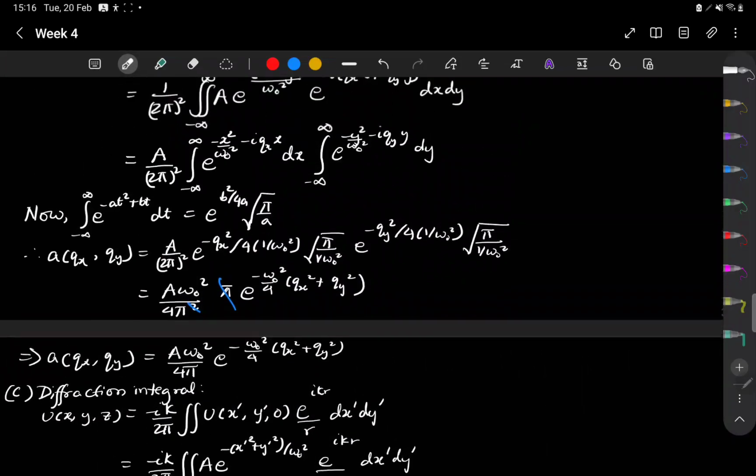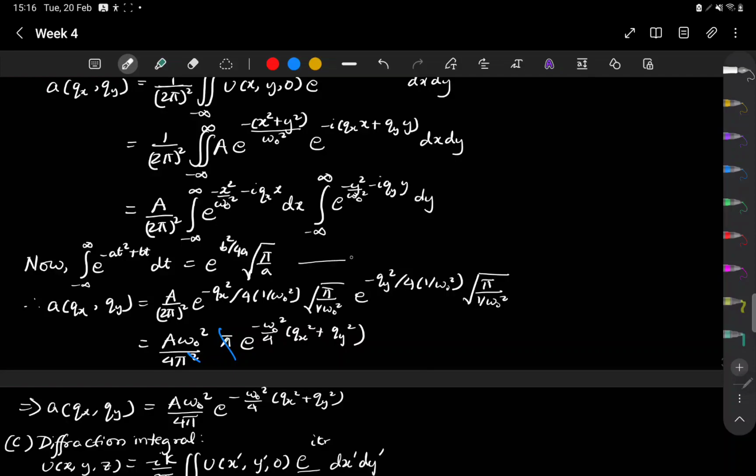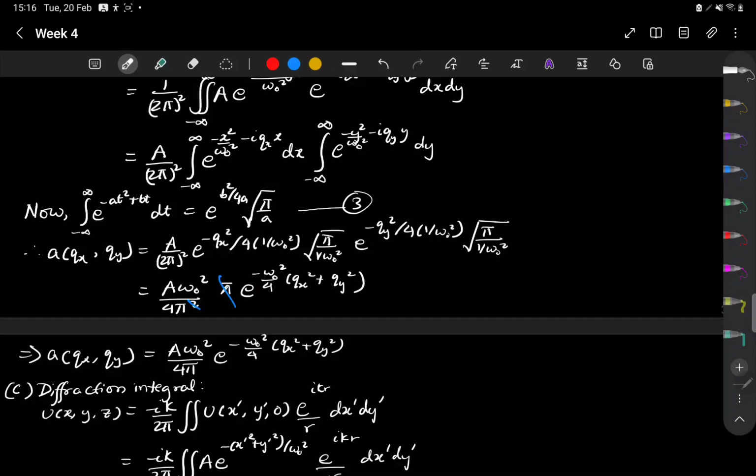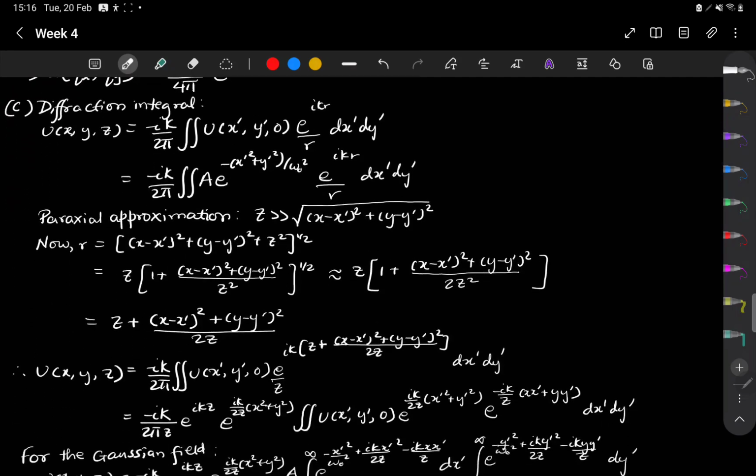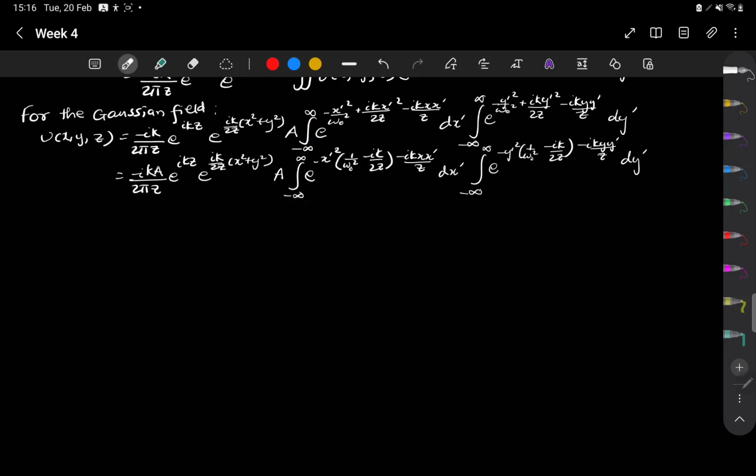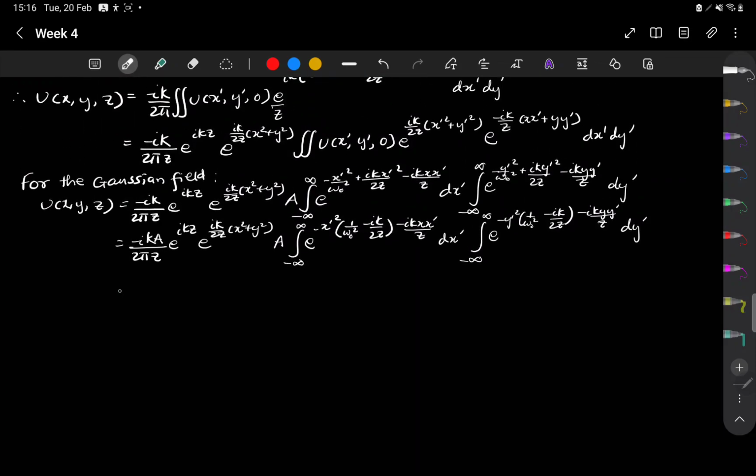Now again we'll make use of the Gaussian integral. Let us call this one over here equation 3. So making use of this Gaussian integral, we'll get the result.